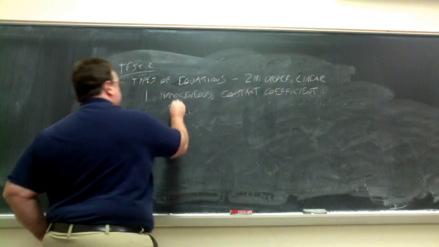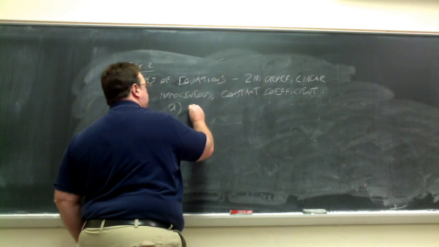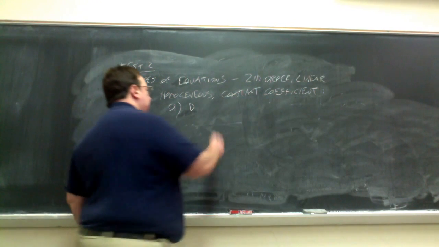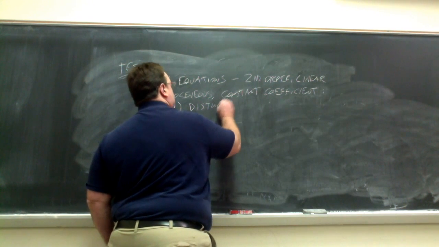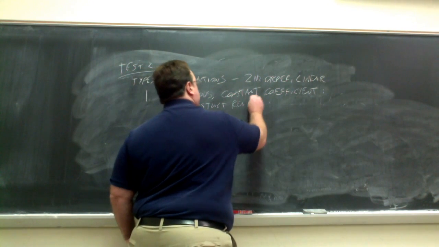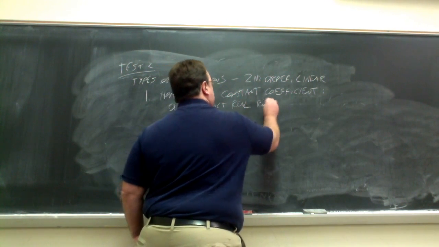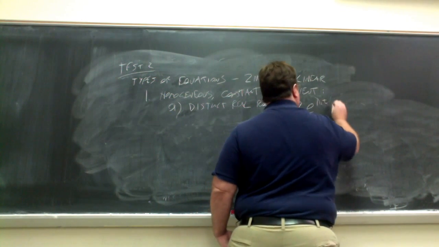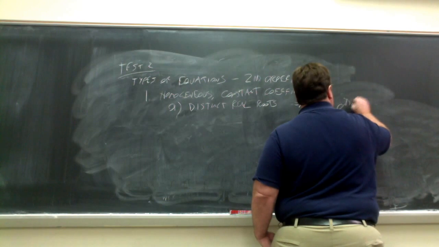And that breaks down into a few categories. So in all these cases, you're going to find your characteristic equation and get the two roots. So we have distinct real roots. That leads to y1, y2 being e to the lambda 1 t, e to the lambda 2 t.